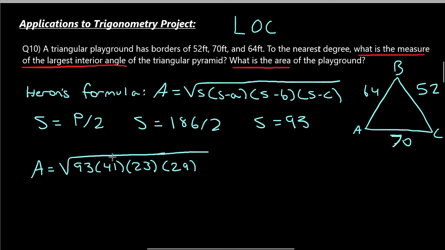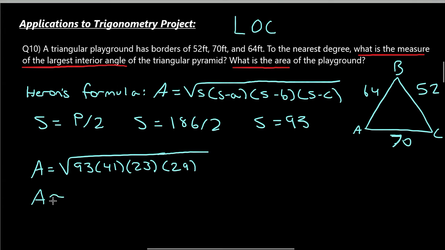And with this equation, now we can find what A is equal to. So all we have to do is plug this into a calculator. We have a TI-84, so we're going to do 93 times 41 times 23 times 29 and the square root of all of them.